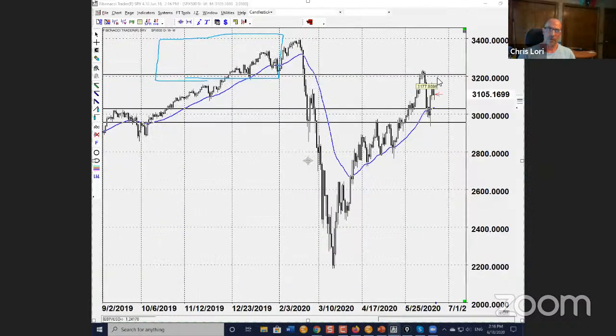I want to note that this top right here came right into this microstructure. This little area right in here, this is the tag before the release, all right? And that tag, price came down, picked up liquidity, accumulated, formed this tag, then released. So that's where price stalled here, all right?